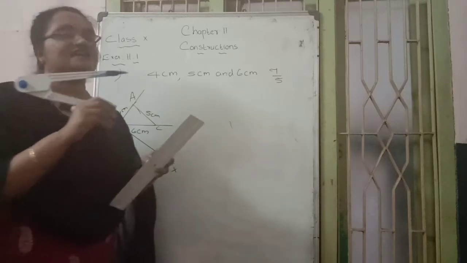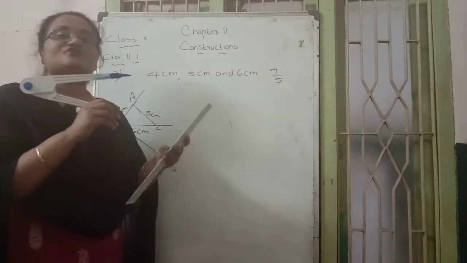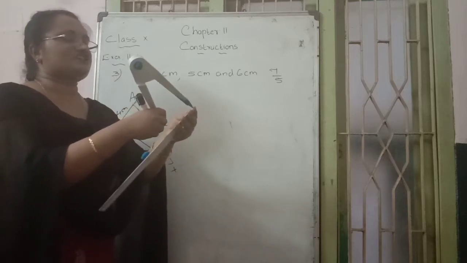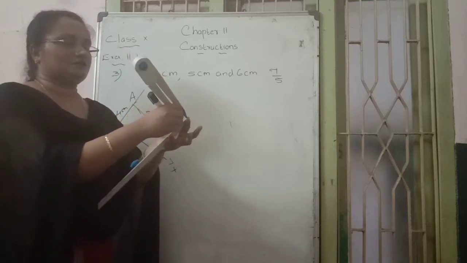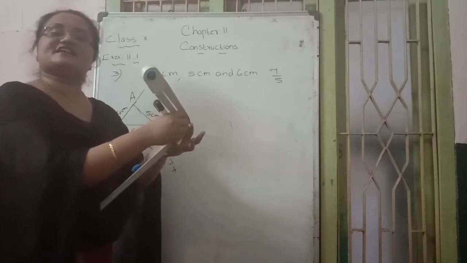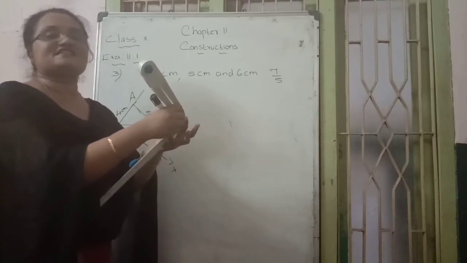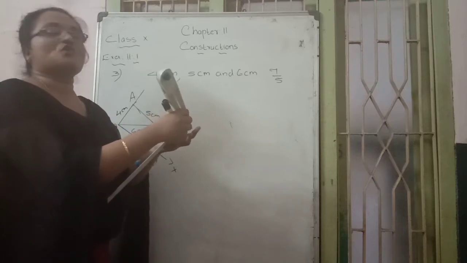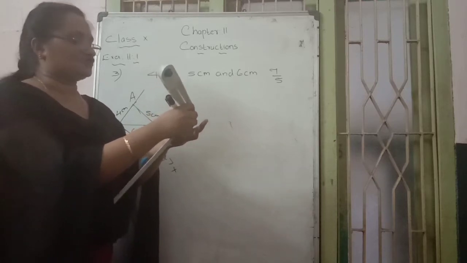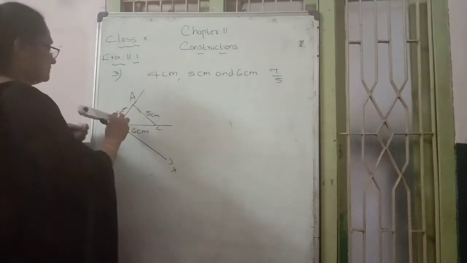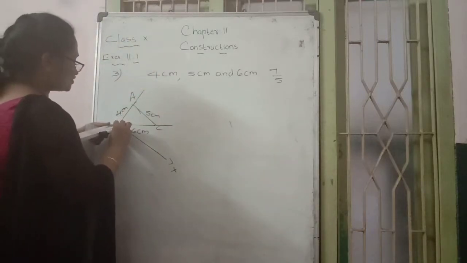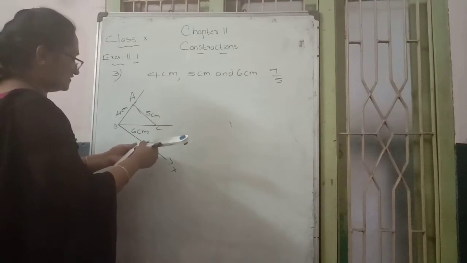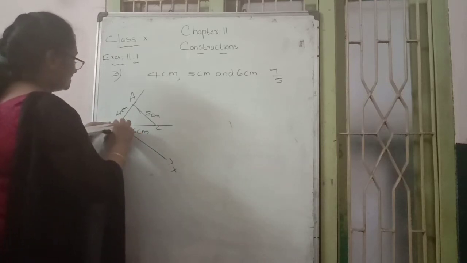For convenience, as we learned last class, take a width of 1.5 centimeter; for a big diagram, marking each point at 1.5 centimeter is best. From B, how many points do we mark? 7 points, at 1.5 centimeter each.